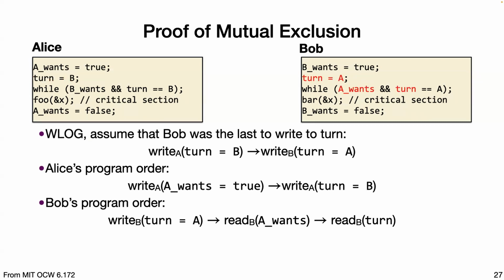Of course, this writing to turn happens before this while. But in this while, there are two reads. You have to read A once and you have to read turn. Because evaluation happens left to right, the write to turn happens first, then the read of A once, and that happens before the read of turn.